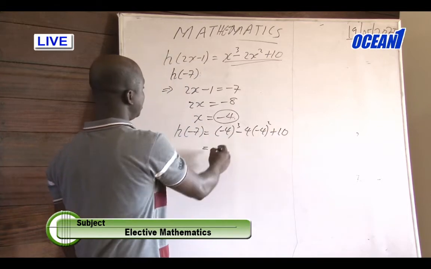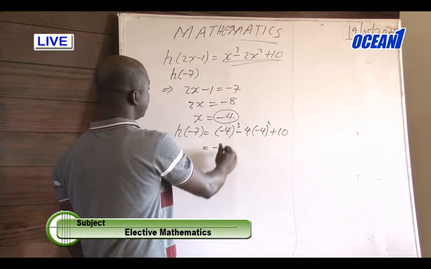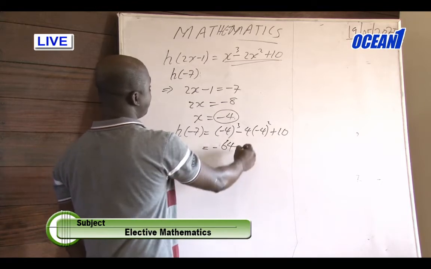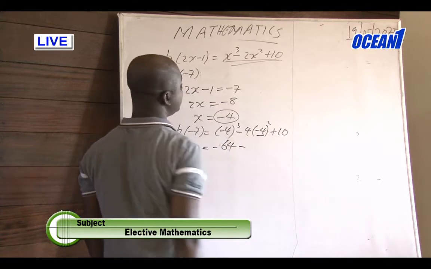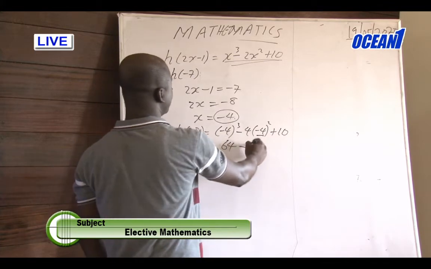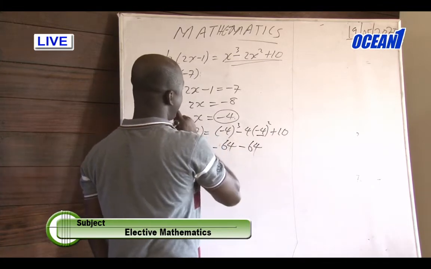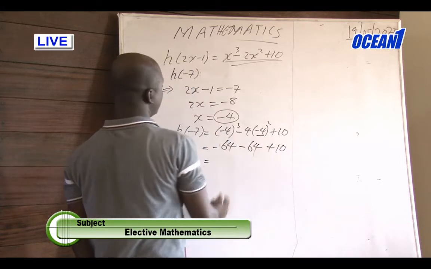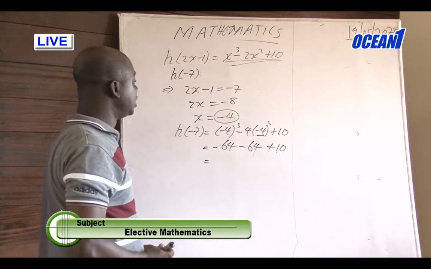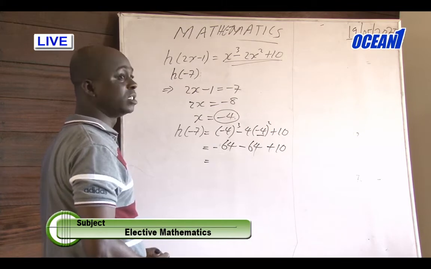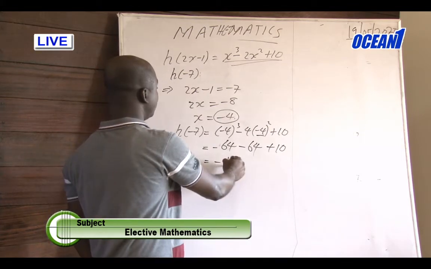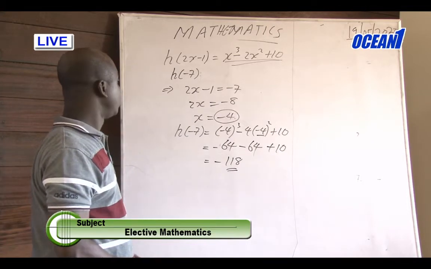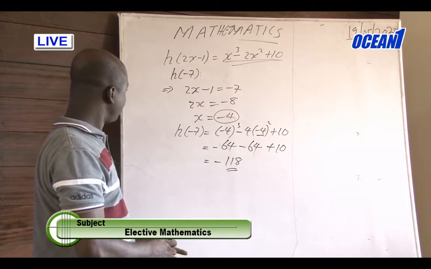That's going to give us negative 64 minus, this is going to be a positive 16 by 4, also giving us 64, and then plus 1. So we are getting negative 128 plus 1, therefore negative 127. So that's our final result.